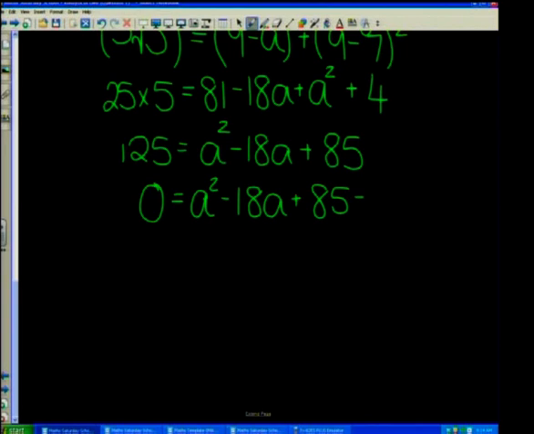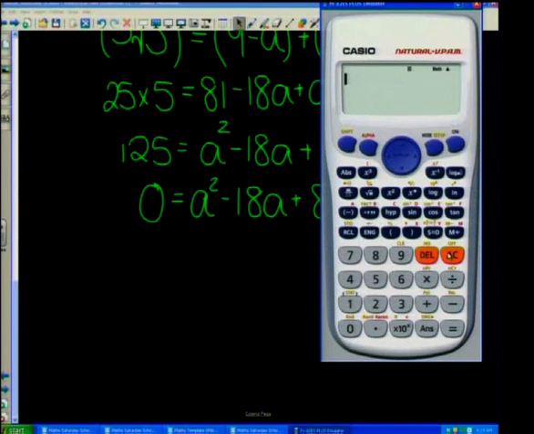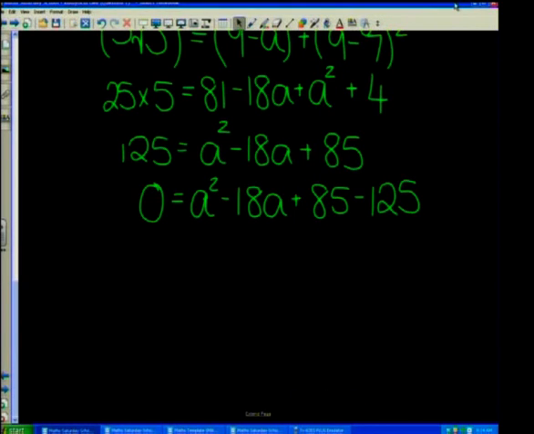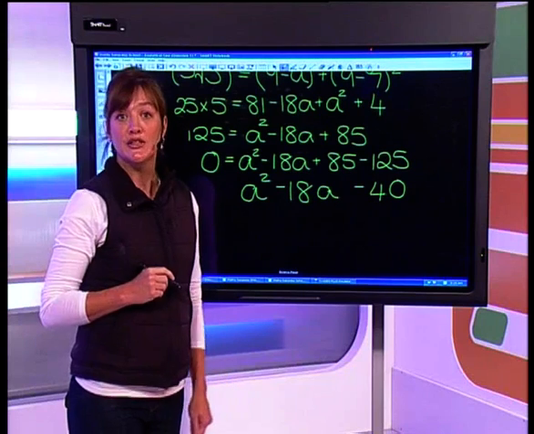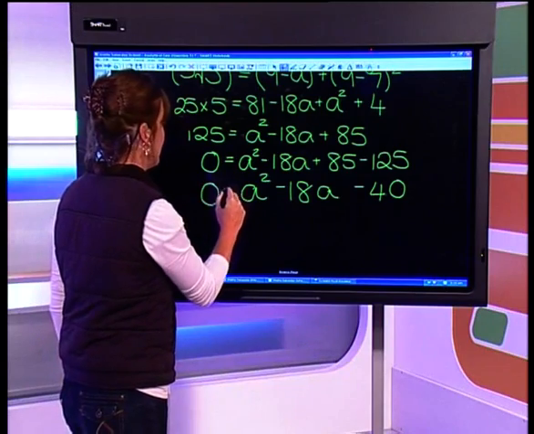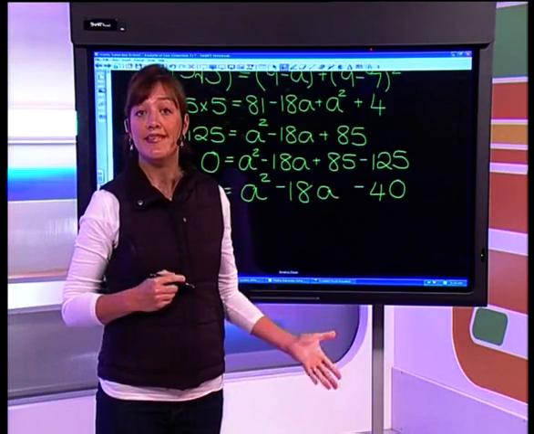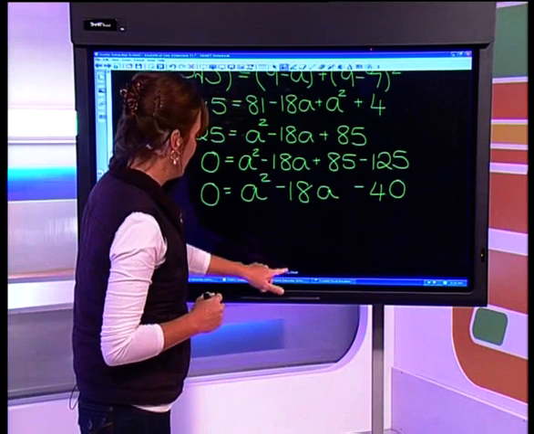And we're going to have now minus 125. Right, let's quickly just get that. So if we've got 85 minus 125, that's going to give us negative 40. Okay, so what we've got is a squared minus 18a minus 40. And do you guys agree that what we're sitting with is now a quadratic equation? We're going to solve for a.